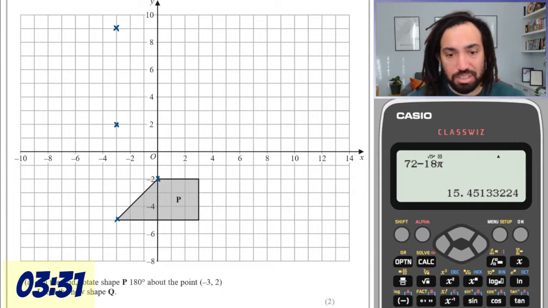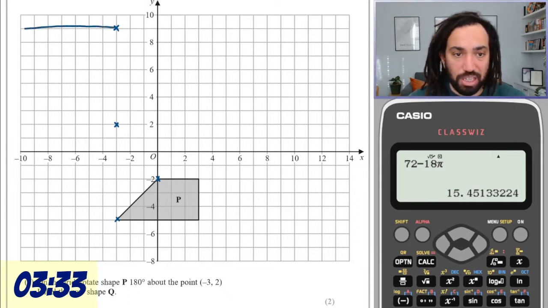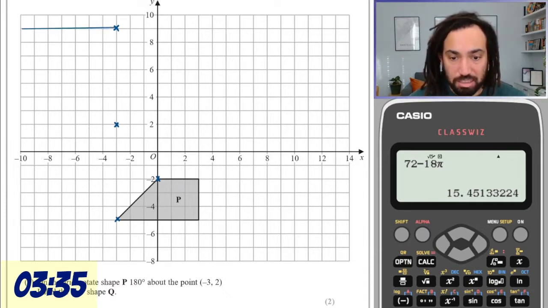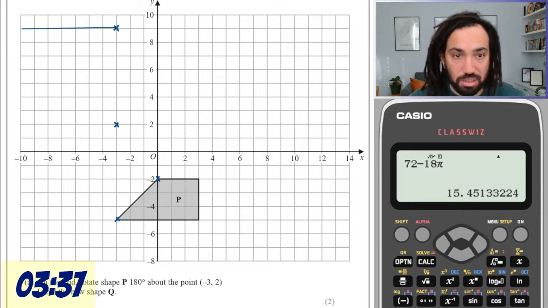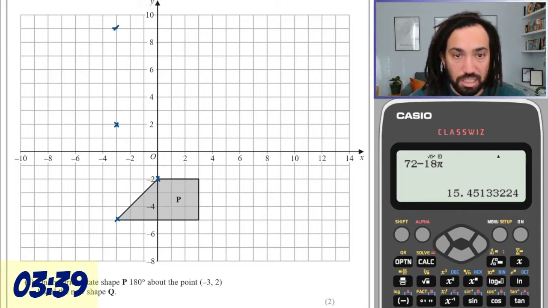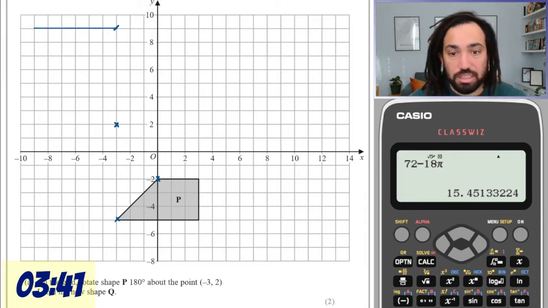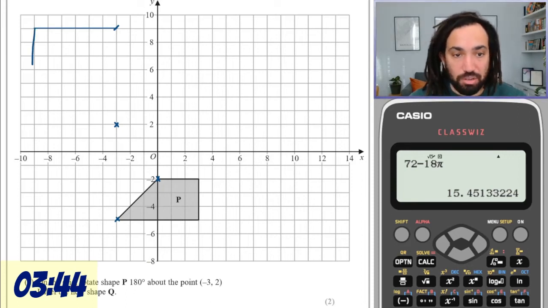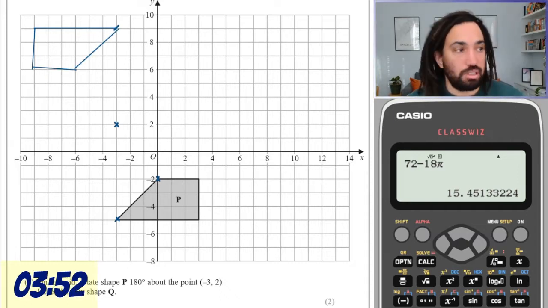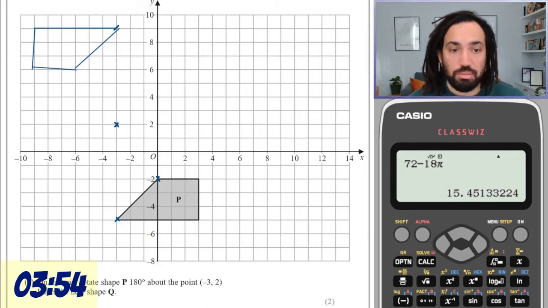Okay, I'm just going to have to eyeball it. I think it's going to be over here. That's going to be 6. So 6 along. So it's not going to go to the end. It's going to go to here. Then it's going to come down 3. And then it's going to come across 3. And it's going to go up like that. Yeah, that's a rotation. Okay, cool. Label the new shape Q.